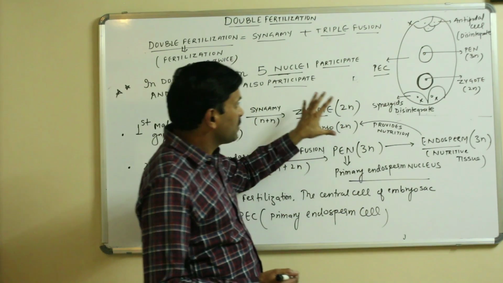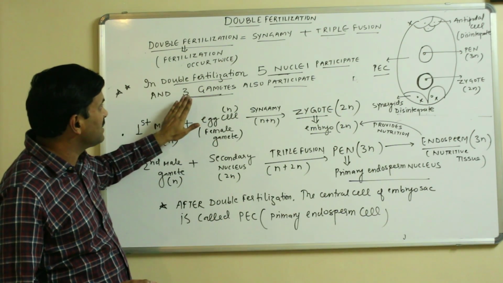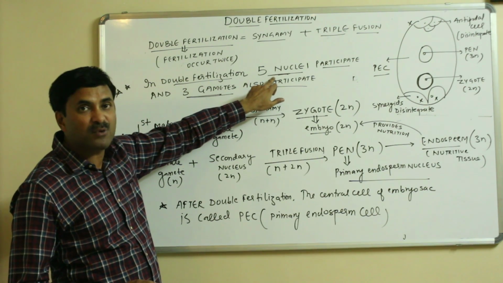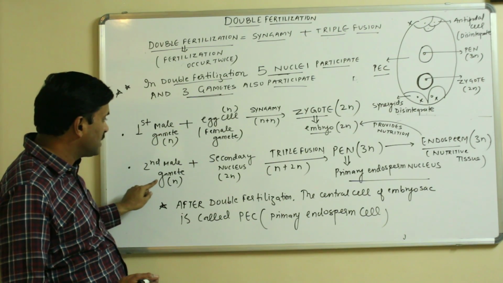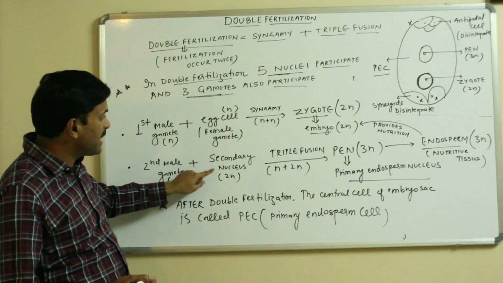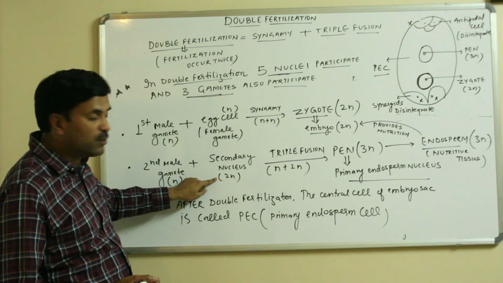Okay, so this was the double fertilization, and at last you can see that in double fertilization, how many nuclei have participated? 5 nuclei have participated. How? One nucleus of this male gamete, another nucleus of this male gamete, 2, third nucleus of the female gamete, 3, and 2 polar nuclei of the secondary nucleus.